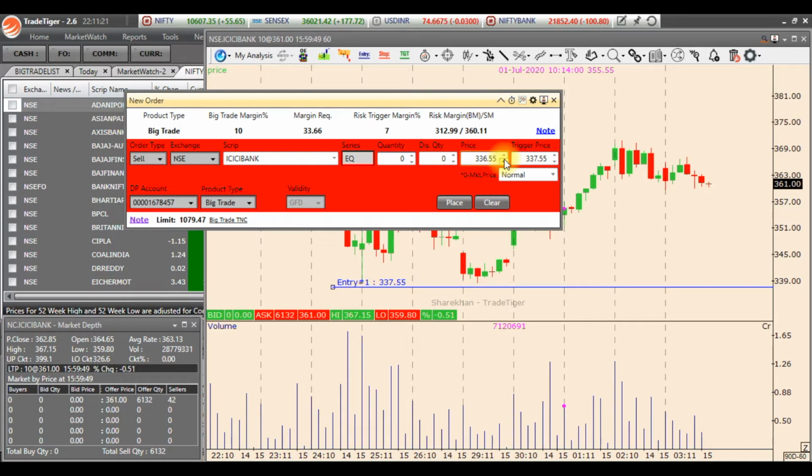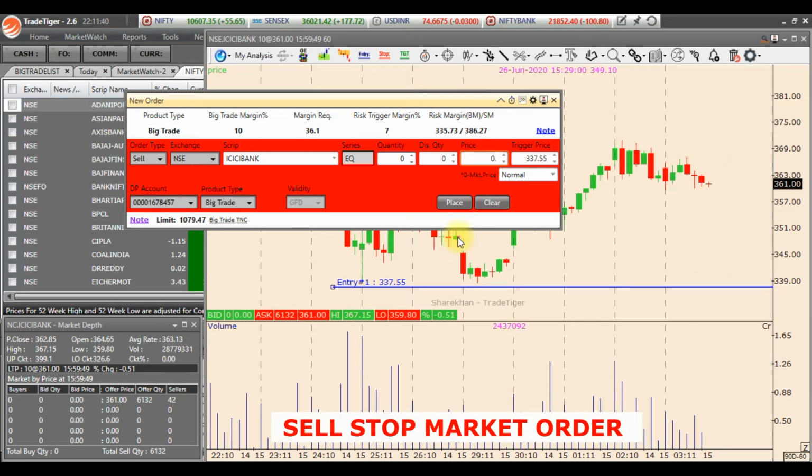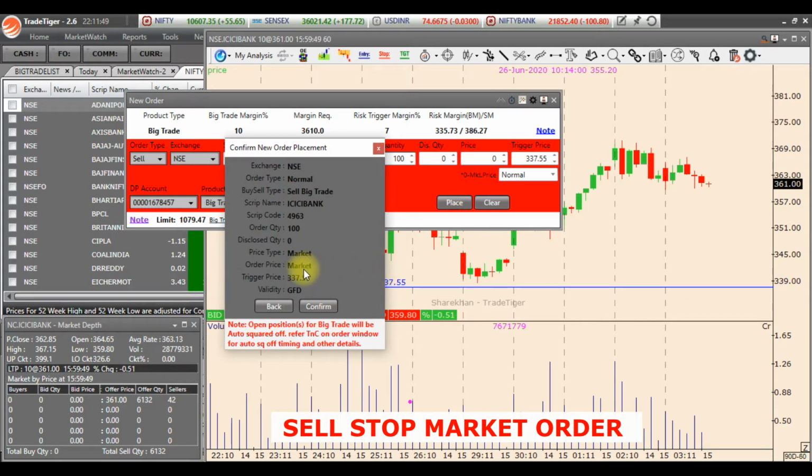Say, for example, if you want to place the stop loss market, all you need to do is make the price 0. Automatically the moment the price hits the trigger price, the order will become a market order.